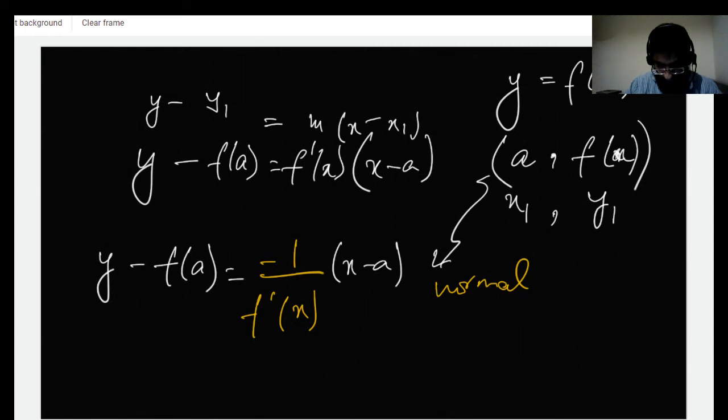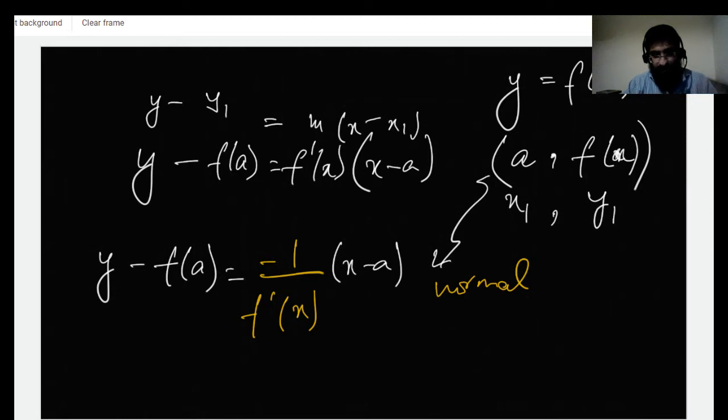If the gradient is mx plus something, we are not using the equation y is equal to mx plus c over here. That equation is for when we have the y-intercept. Here we do not have the y-intercept. Instead, we have a point on the curve.